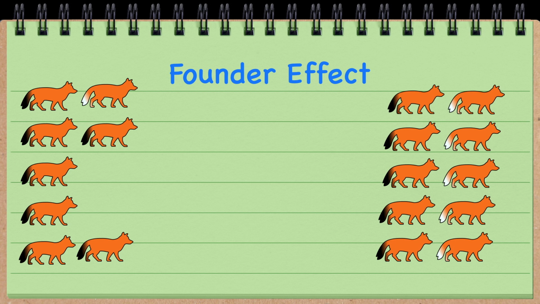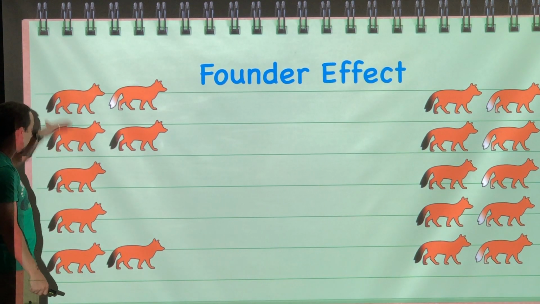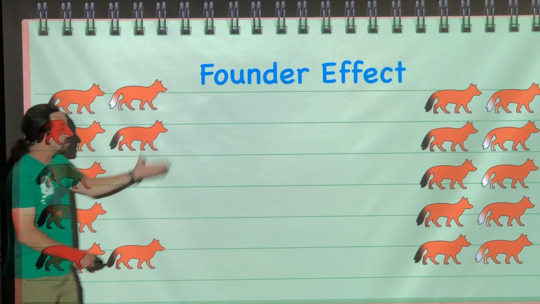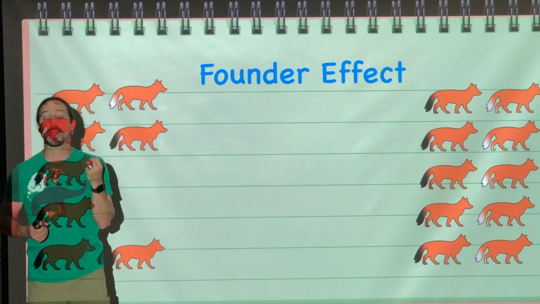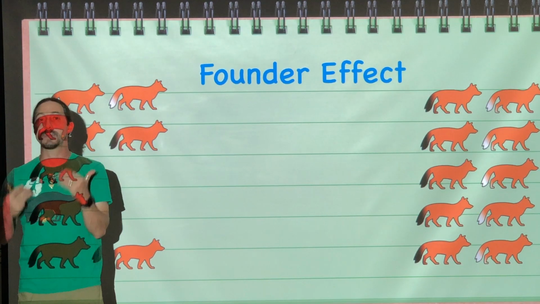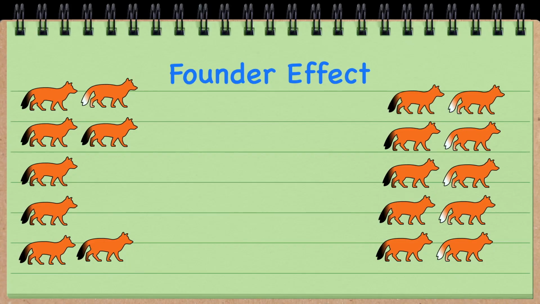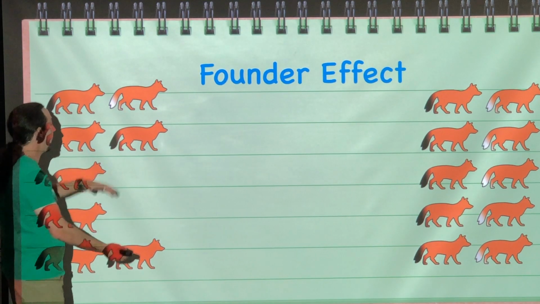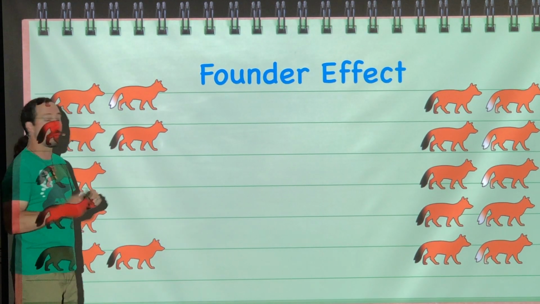Our original population mostly had black-tailed foxes. But this new population is 50% black-tailed foxes and 50% white-tailed foxes. That's because the organisms that left the original population, their allelic frequencies did not exactly match with the main population's allelic frequencies.